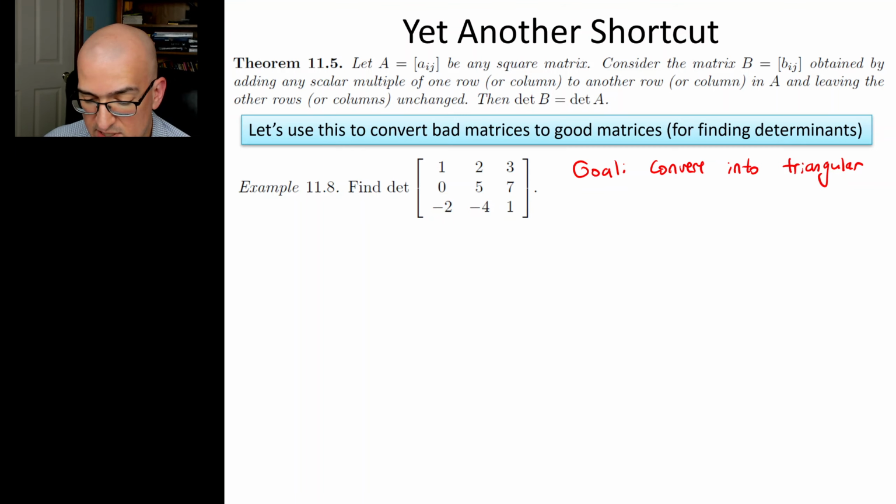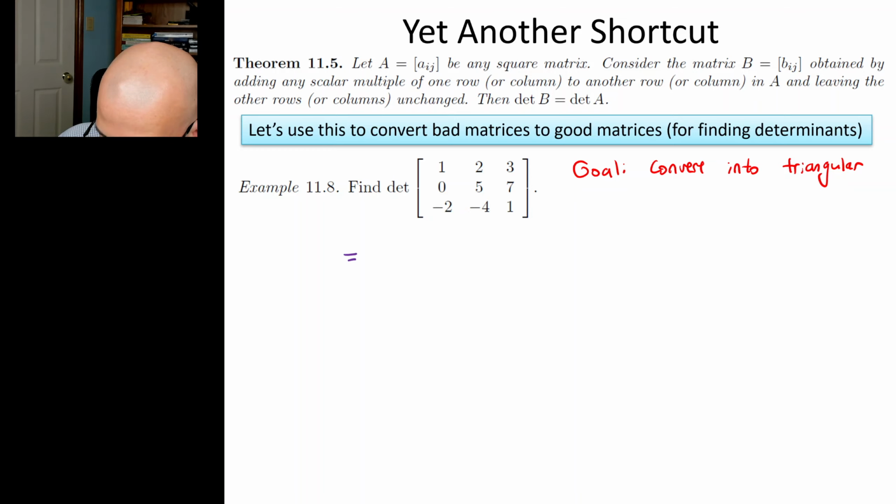And it's relatively easy. What happens if I replace row 3 by row 3 plus 2 times row 1? So this is equal to, row 3 gets replaced by row 3 plus 2 times row 1.